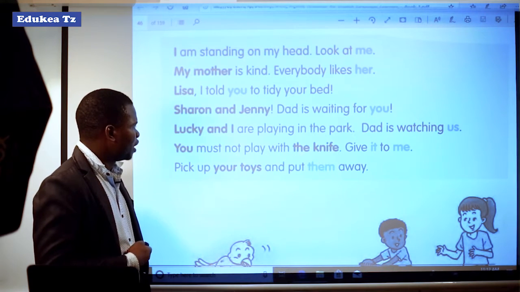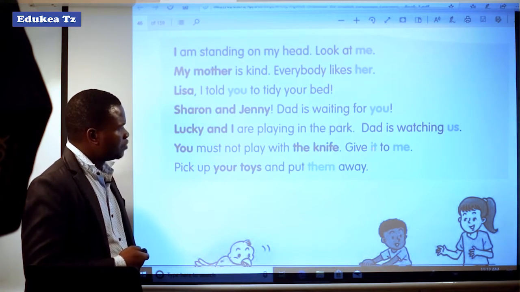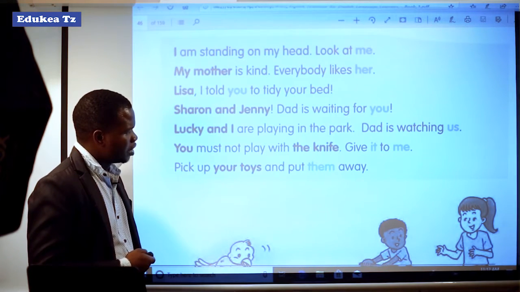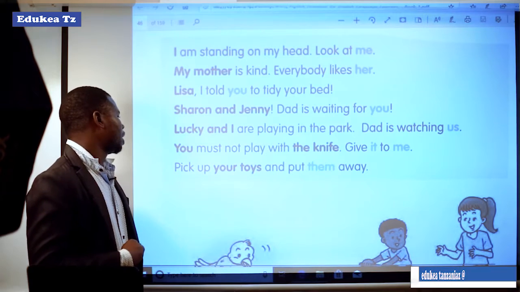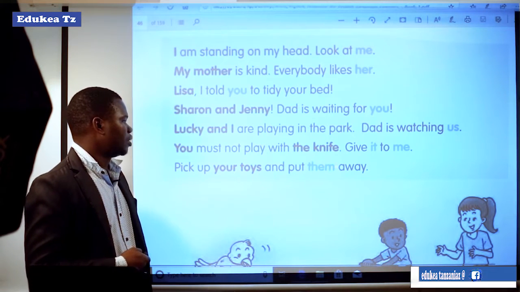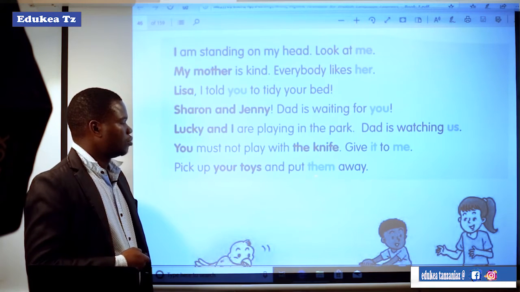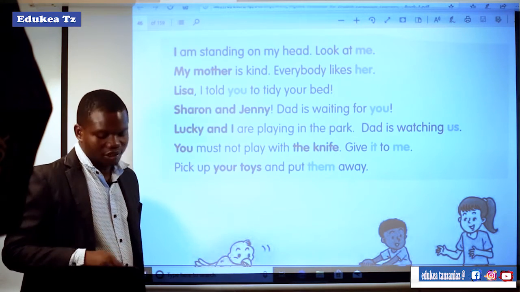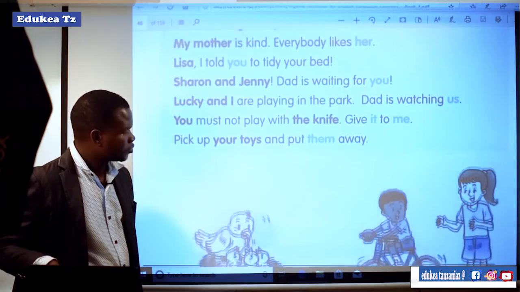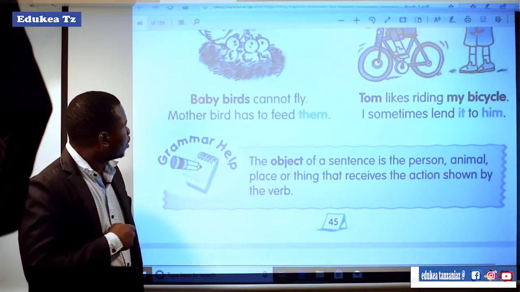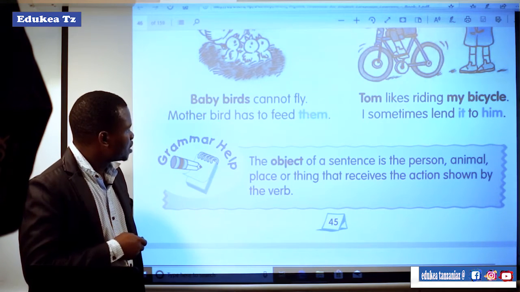You must not play with the knife. Give it to me. So this it and me are pronouns in the objective. Pick up your toys and put them away. So this them is a pronoun in the objective. Baby birds cannot fly. Mother bird has to feed them.